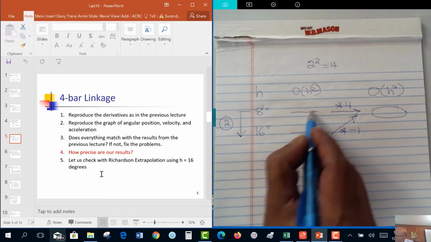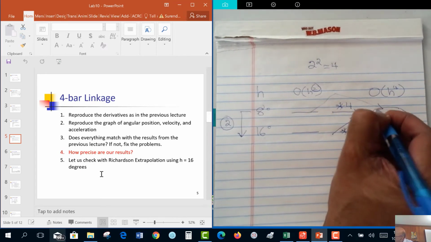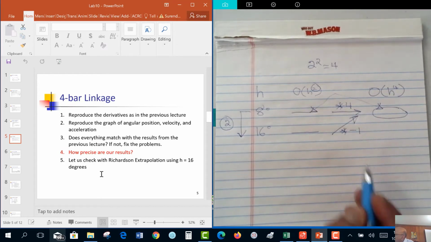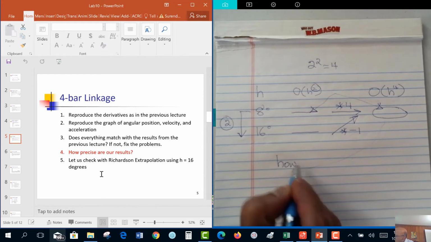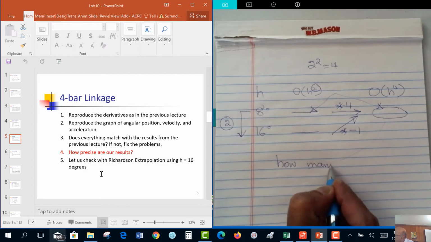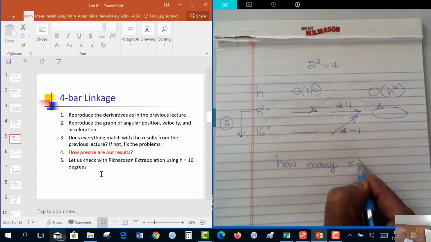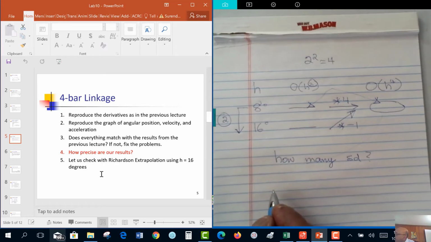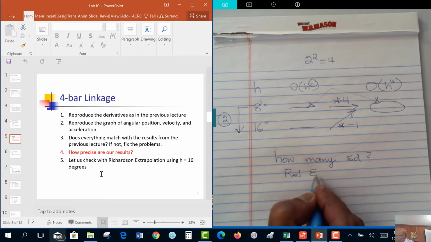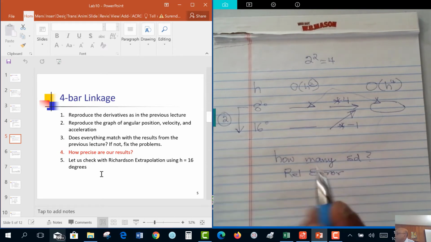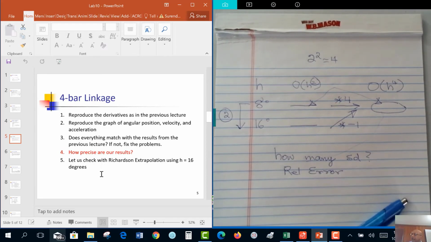These are the two last results. We can use that difference to say how many significant digits we have. So we can take a relative error or relative difference between the two and find the maximum value.